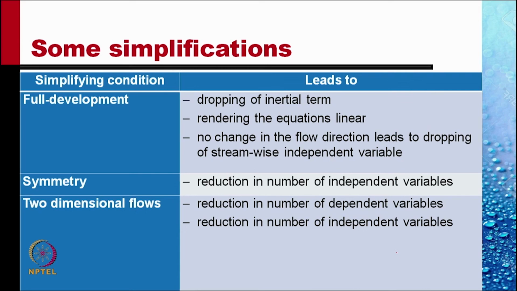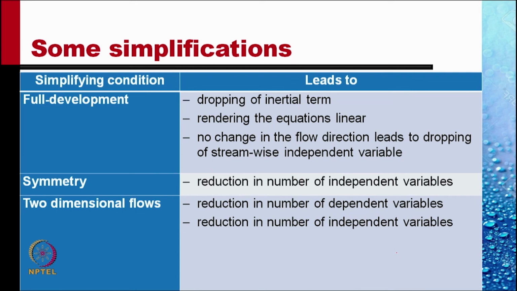There is no change in velocity in the flow direction, leading to dropping of the streamwise independent variables. So del by del x, all terms of del by del x are dropped. Of course, we retain del p by del x, and we will elaborate on this a little later.